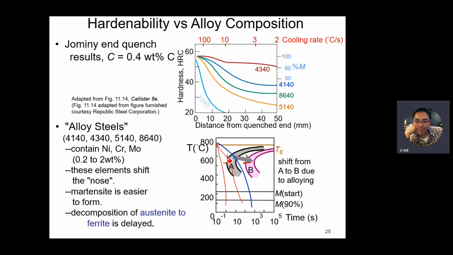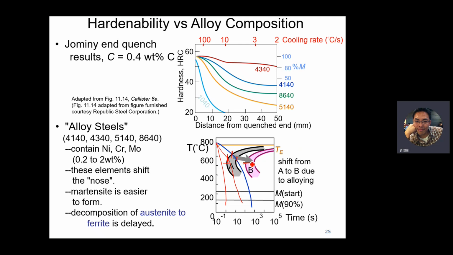It will start to transform at this moment, right? And for these alloy steels, the nose shifts from A to B. Therefore, with this blue cooling curve, the martensite still forms, right? However, this blue cooling curve intercepts the A curve, so the austenite begins to transform to pearlite at this moment, and 100% pearlite forms at this moment.